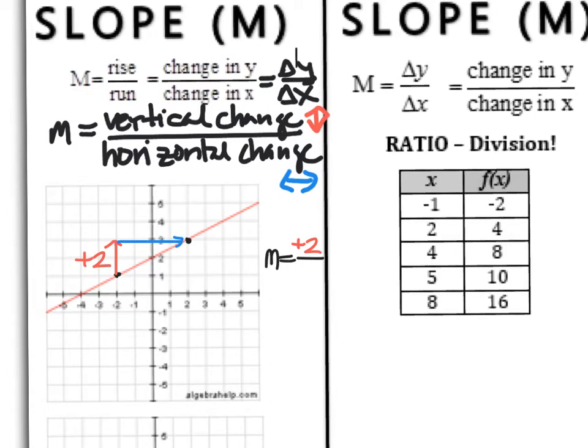This time I'm going positive because I'm going in the right direction versus the left direction. So I start right here and I'm counting 1, 2, 3, 4 steps. It gets to that dot right there, that point that I want it to go to. So my slope is 2 over 4, which can be reduced to 1/2.